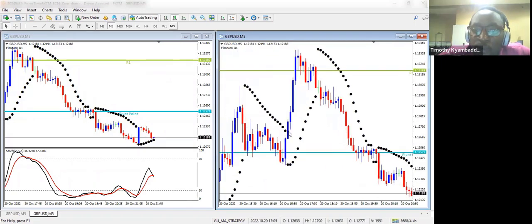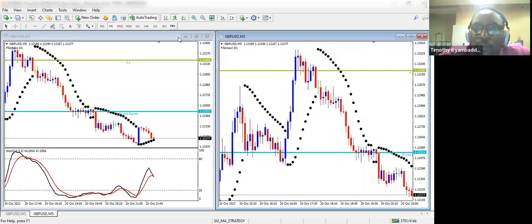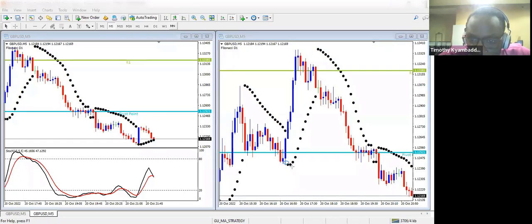When the dot forms below the price, okay, that's a signal to buy. When a dot forms below the price, that's a signal to buy. You see those two dots I've circled?